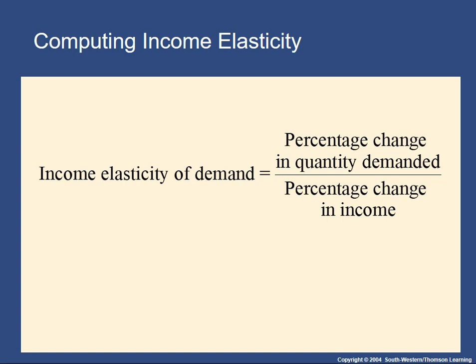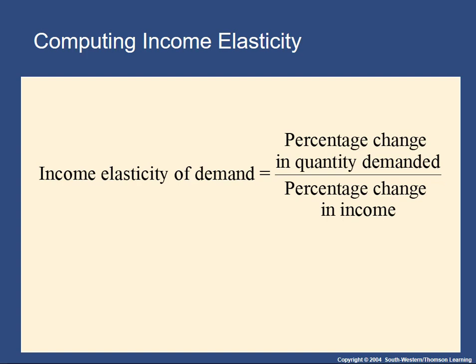If we have an increase in income, which is a positive percent change, and we get a decrease in the amount of the good demanded, that's a negative percentage change, then that whole ratio will be negative, and that'll mean that we're having an inferior good. The quantity demanded is negatively affected by an increase in income.